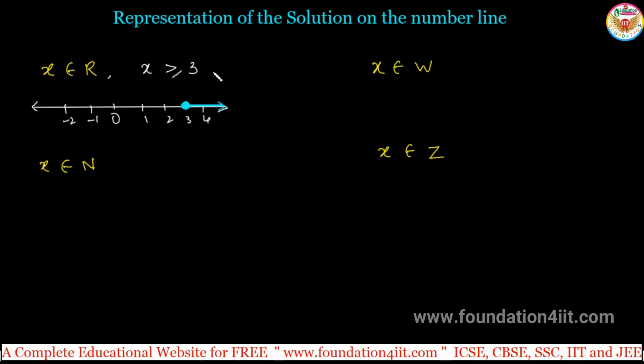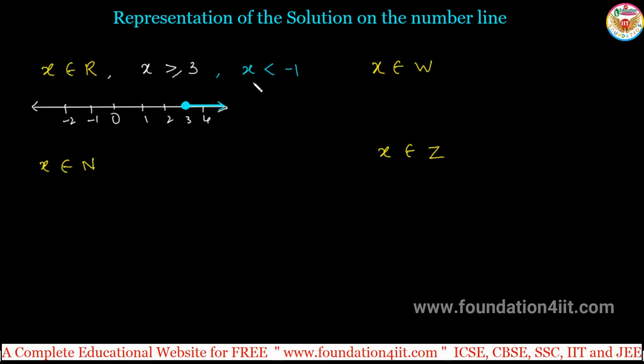Instead of that, for example, same x belongs to real numbers and x is less than, for example, x is less than minus 1. If x is less than minus 1, minus 1 is not included. We have to keep the hollow circle.